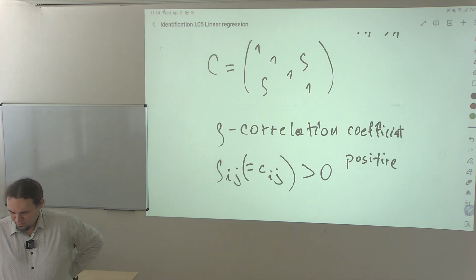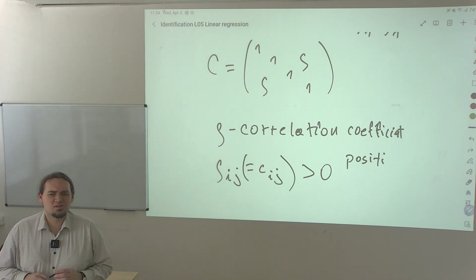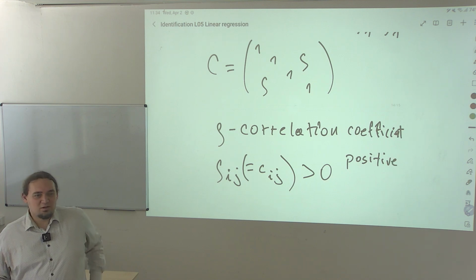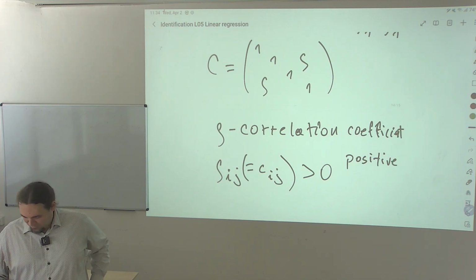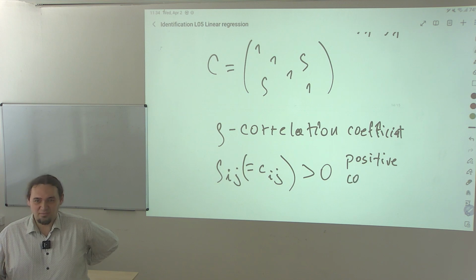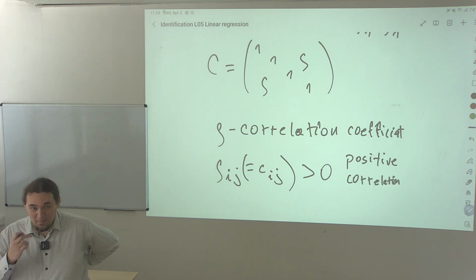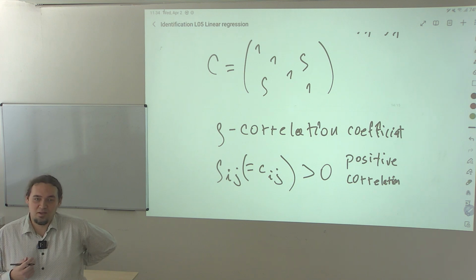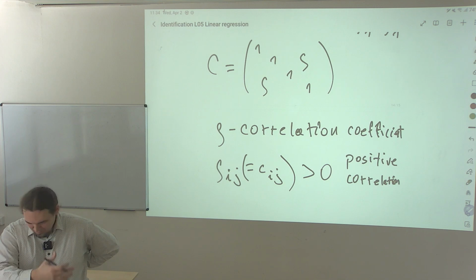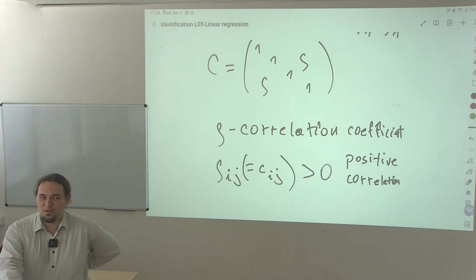What does it mean, positive correlation, in simple terms? What does it mean if the two variables have positive correlation? What can you tell, maybe in more simple language? Like temperature and pressure. Yeah, there are many systems where they have positive correlations.